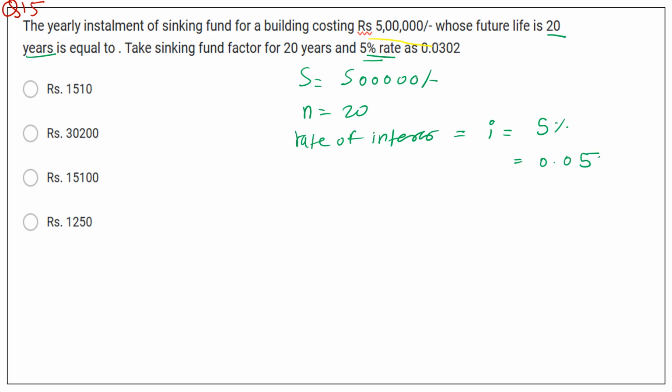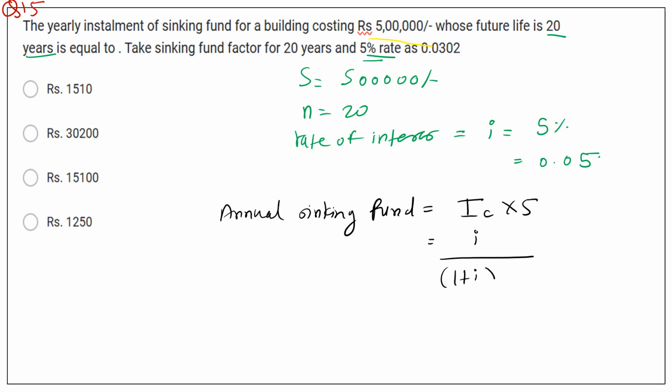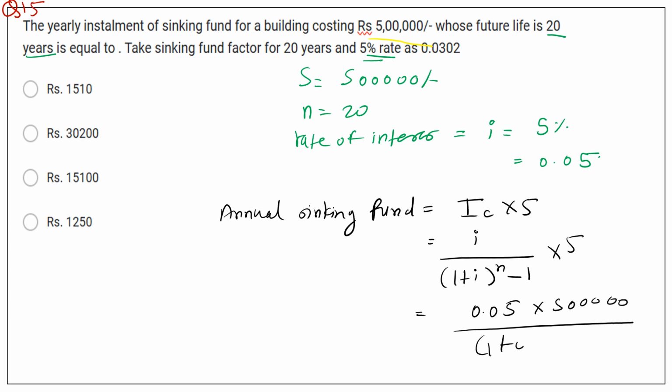So the formula to calculate the yearly installment of sinking fund: annual sinking fund is equal to IC into S. So this IC is equal to i divided by (1 plus i) raised to n minus 1, into S. So after putting the given values into this formula, here S is equal to 5 lakh, divided by (1 plus 0.05) raised to 20 minus 1.